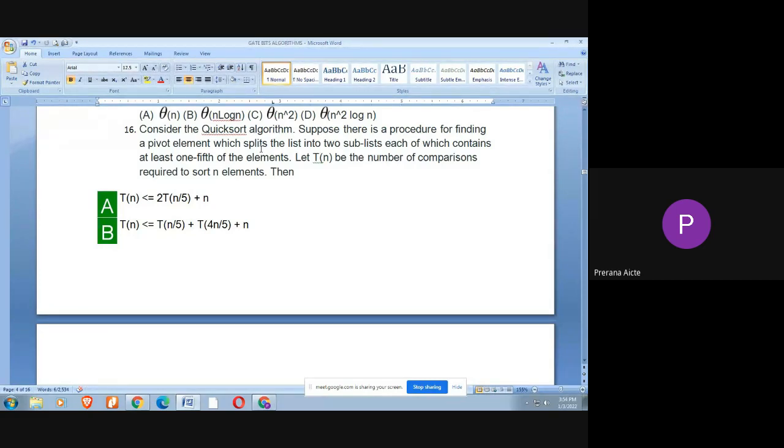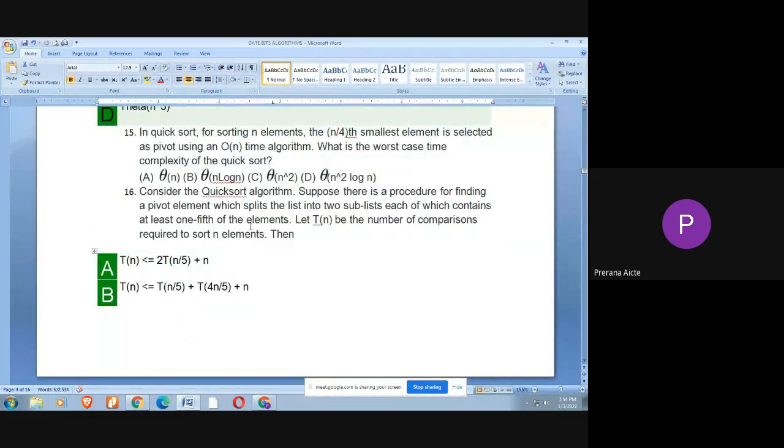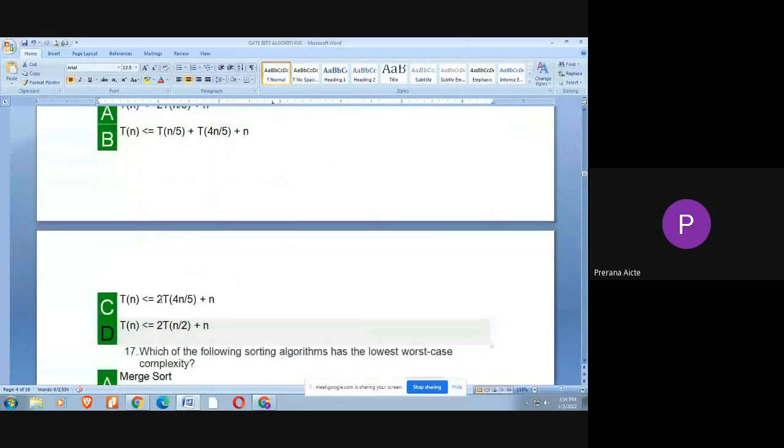So T of n equal to T of n by 5 plus T of 4n by 5 plus n is the recurrence relation for finding the number of comparisons required to sort the n elements. So option B is the answer.